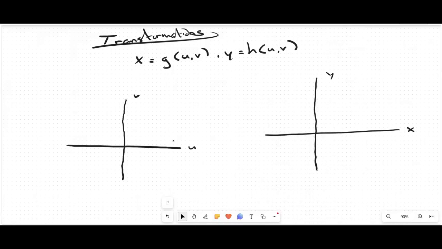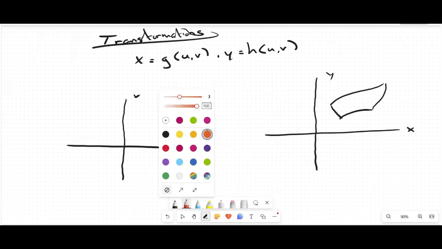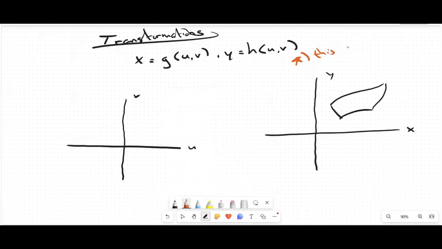One way of visualizing it is you're going to have some shape in x and y, and it's going to be hard for you to contend with. So I'm going to put maybe that same orange star here. This side is what we want.